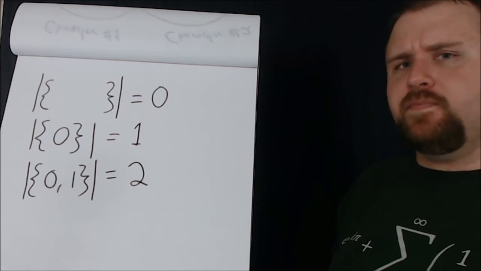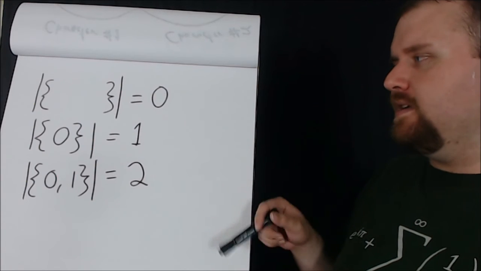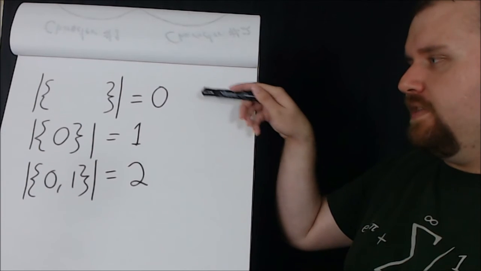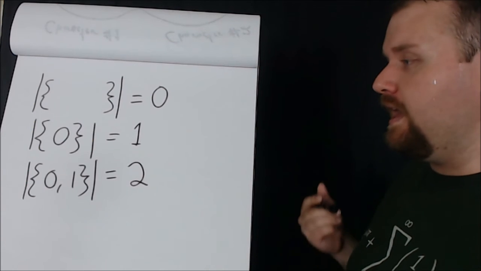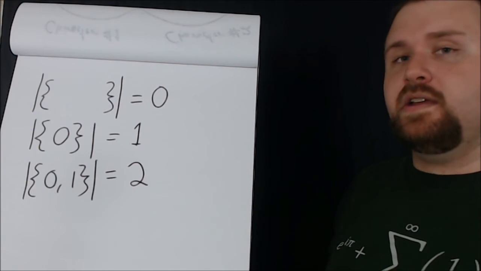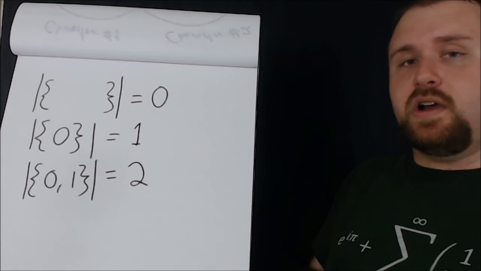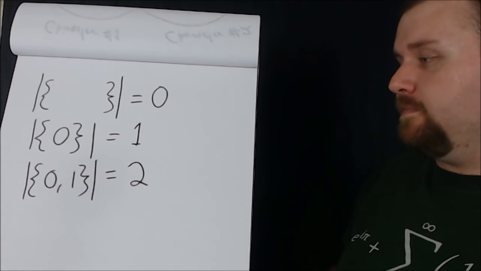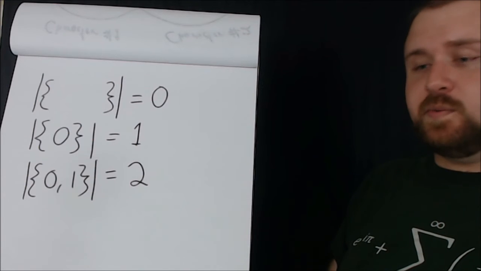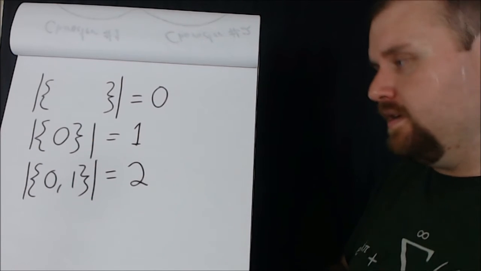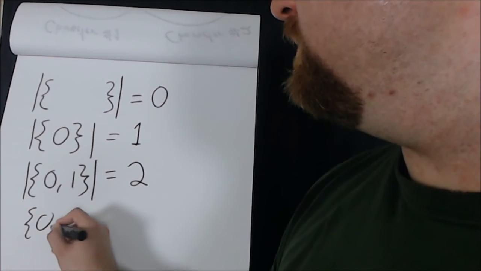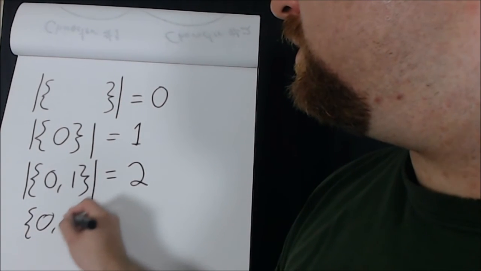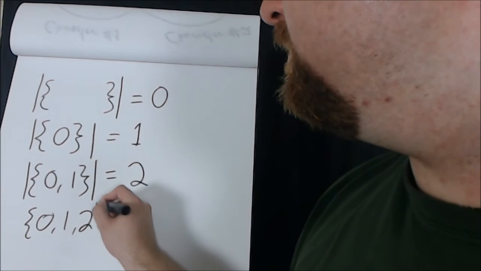So in the same way, we can continue creating sets that have all of the things or numbers that came before it. And each new set is going to have a different cardinality than the ones before it. So our next one would be the set containing 0, 1, and 2.